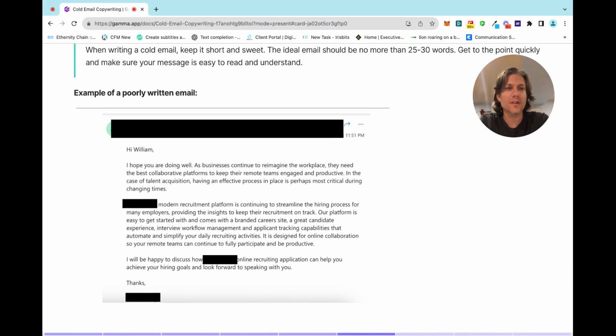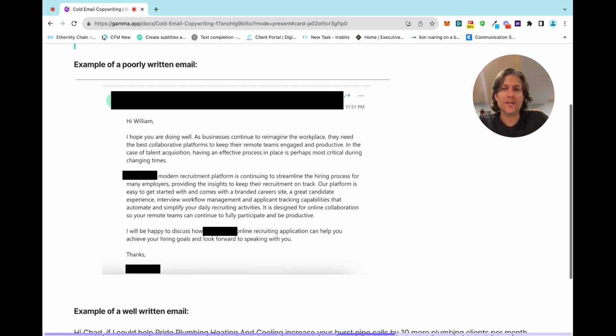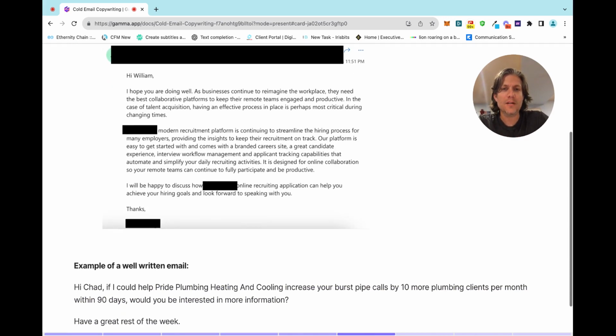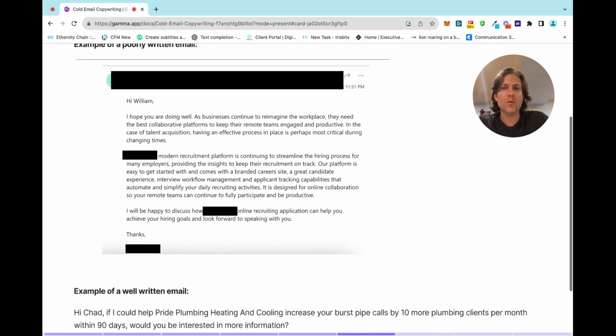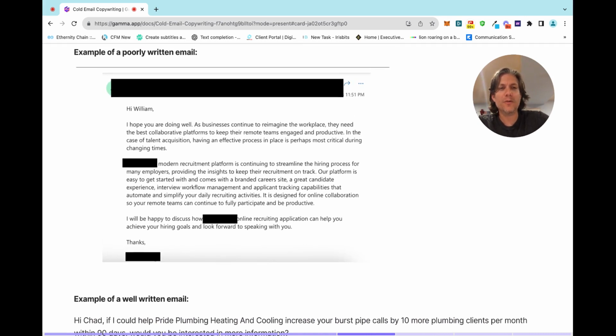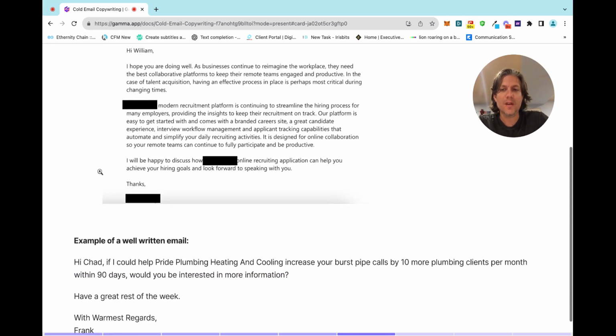It is going to look like a mile long. So this is the example of a poorly written email, especially if you're in the middle of a workday and you don't know this person and you have limited time to begin with and limited bandwidth. You're most likely not going to respond to an email that's over a certain amount of words.